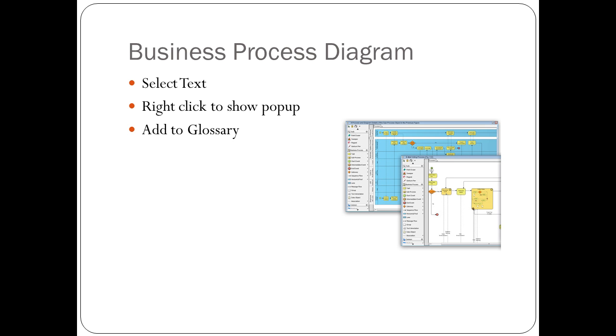And finally, add to glossary. The benefit of identifying terms in business process diagram is that you can read through task by task, decision by decision, message by message, line by line, and then you can select specific concepts to explain. This is what I'm going to show you next.